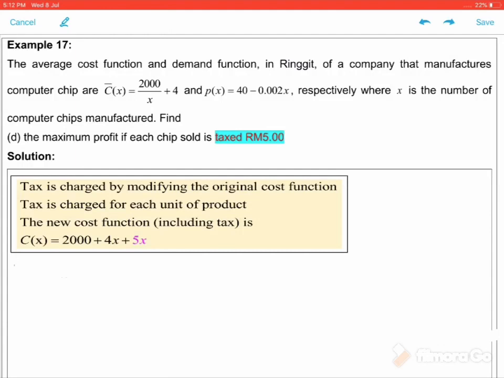So the cost function will change if the product involves tax. Let's look at the solution.